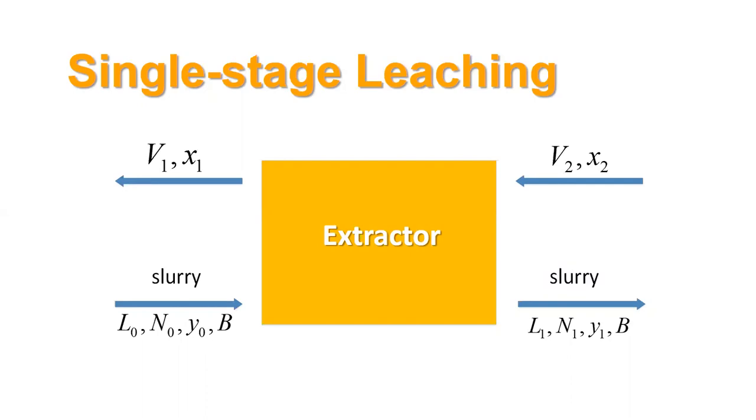What else have you noticed? What's added here in leaching? What do you see that is not present in the other separation processes? You have the presence of the N. So the N is the concentration of the inert insoluble solid B. Later on, you will know how we write the concentration of the inert insoluble solid B. And of course, you see the B. The B is the inert insoluble solid.